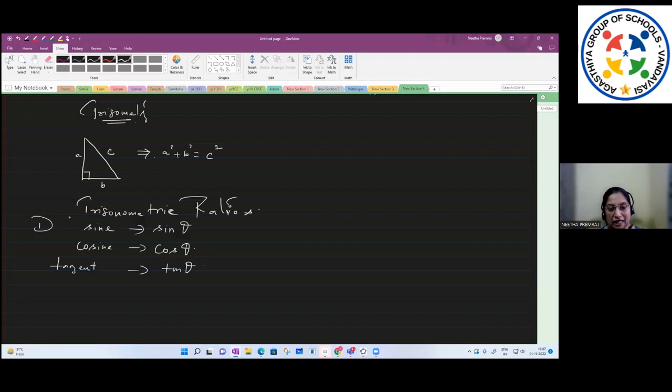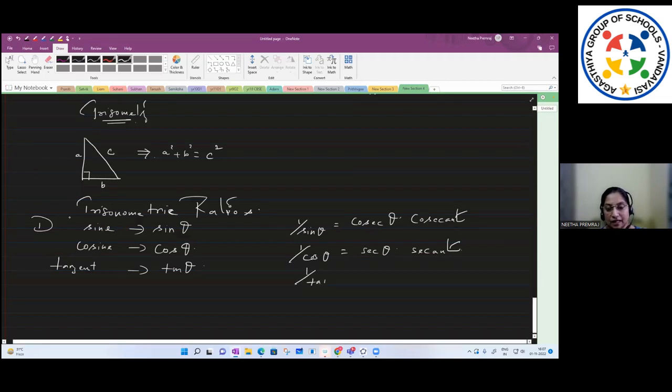And the inverse of sine, 1 by sin, is called cosecant theta. We name it cosec theta. Similarly, 1 by cos, inverse of cos, is secant theta, we name it sec theta, and 1 by tan is called cot theta.